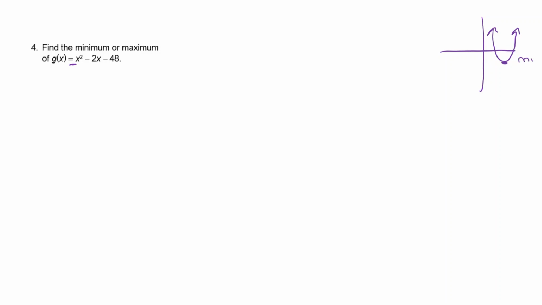So if I have it like this, it's a minimum. If my a had been negative, then my parabola would have looked like this, and here my vertex is going to be a maximum. That's the highest that my y can be. So in this case we have a positive a, so we're going to actually have a minimum.